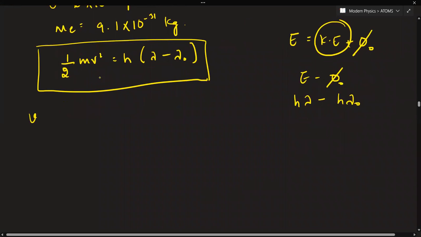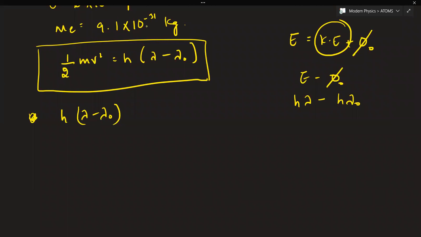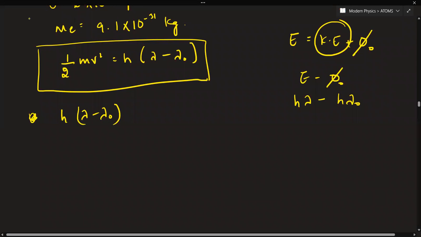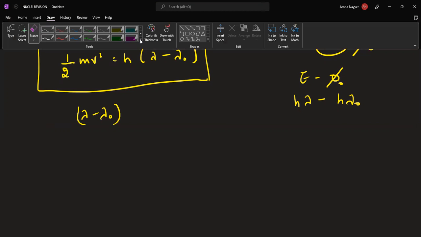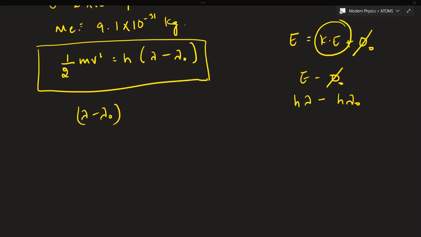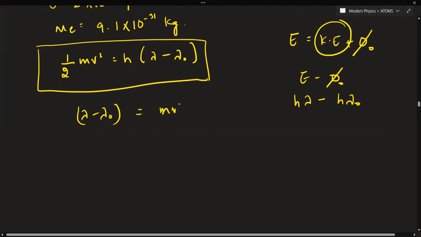So h will go over here in the denominator: half m v square equals h times nu minus nu naught, so nu minus nu naught equals m v square divided by 2h. So frequency will be m v square divided by 2h plus the threshold frequency. Now you have to put in the values.